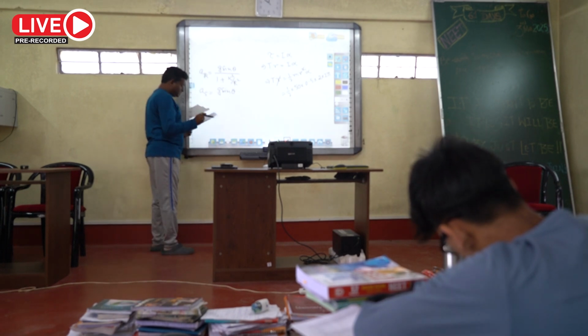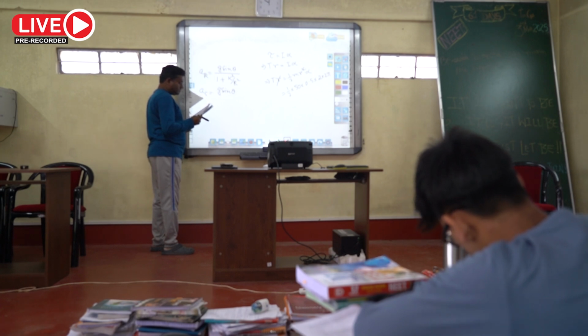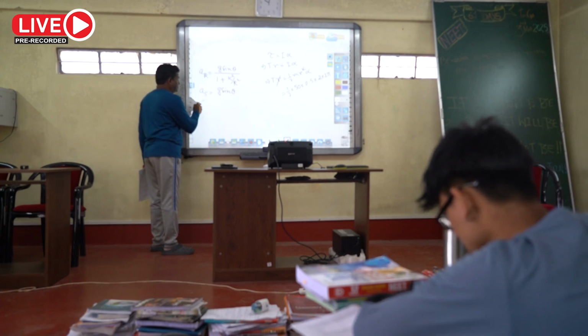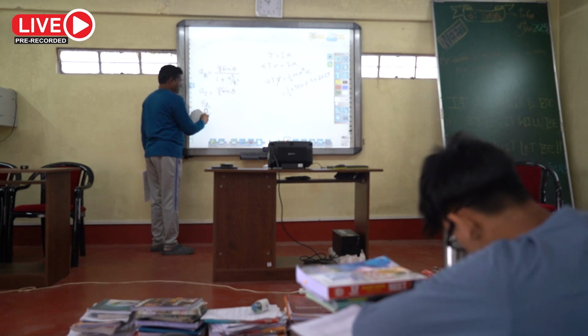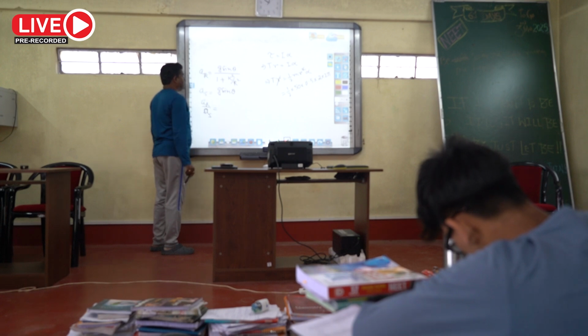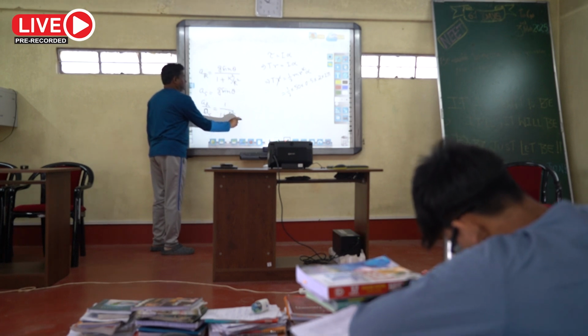Now you have to find the ratio of rolling without slipping and slipping down the incline without rolling. That means a_R by a_S, that ratio is asked. So g sin theta will be cancelled, so it will be 1 by 1 plus k square by r square.